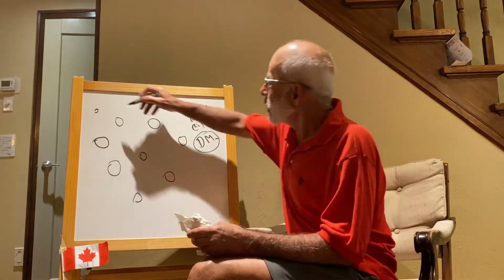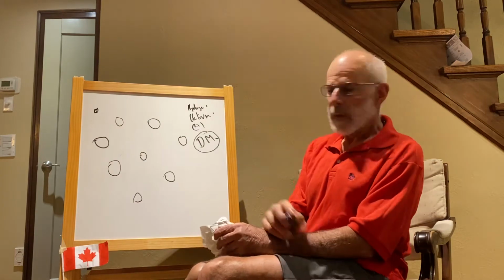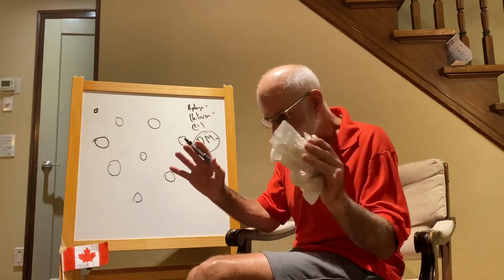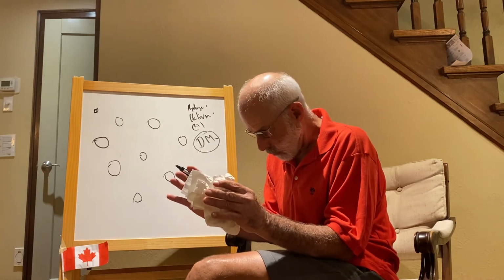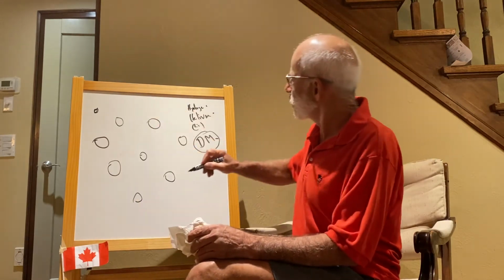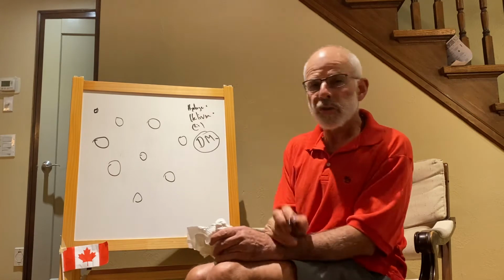So each of these little spheres of what popped out of the Big Bang, that randomly popped out, had different sizes, different compositions.